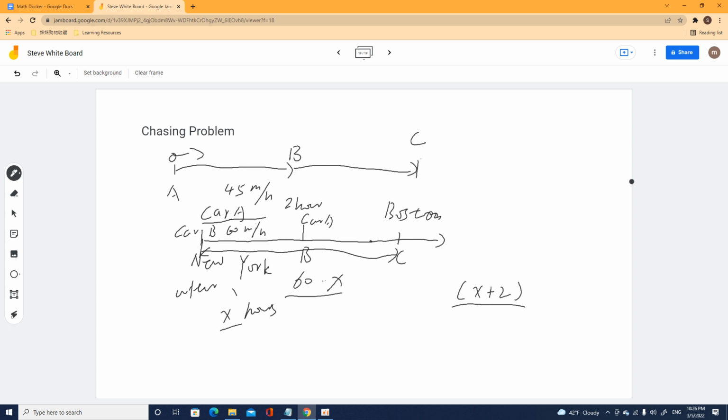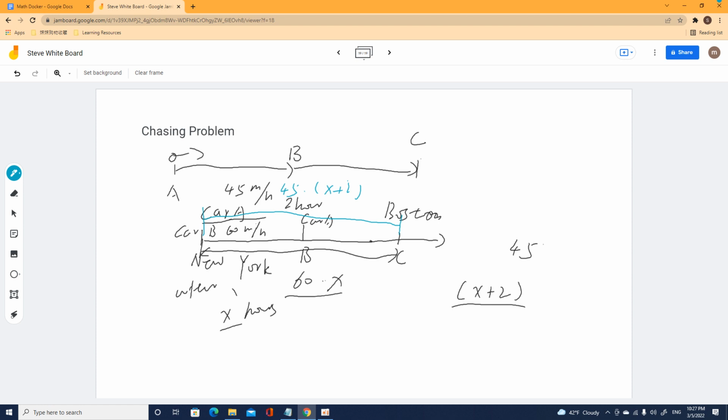Car A's speed is 45, so its total distance is 45 multiplied by (X plus 2). This is the distance car A will drive.